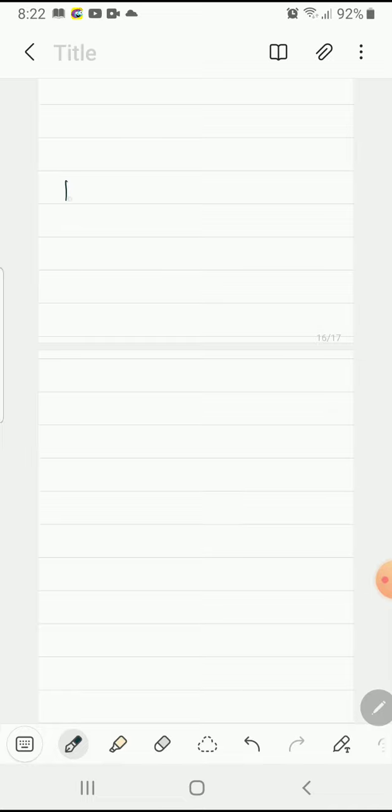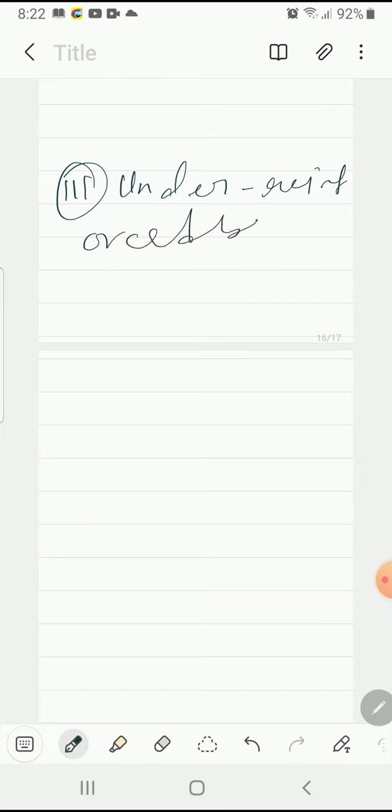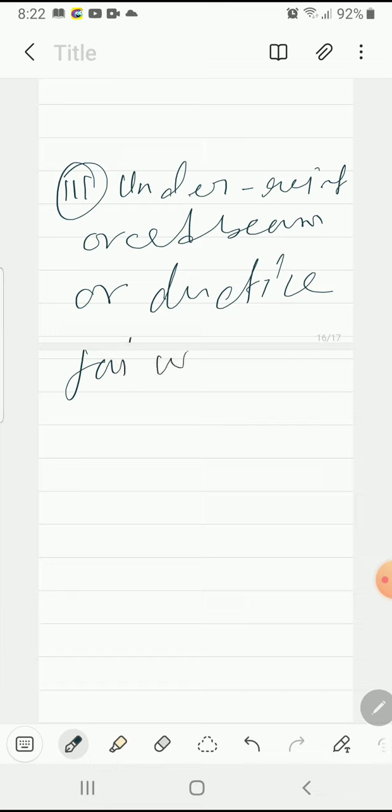Number 3, this is our most awaited failure, this is our desirable failure condition, that is under reinforced beam, or ductile failure of beam.